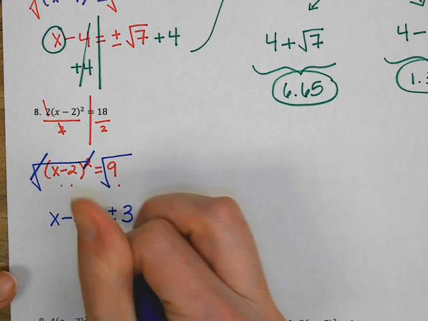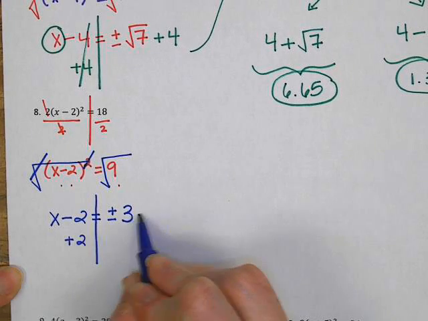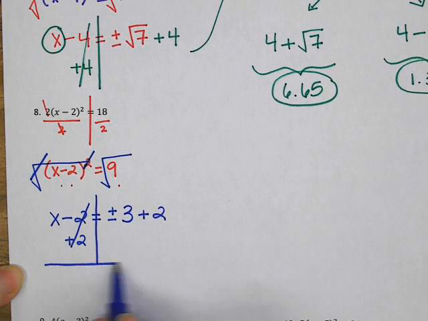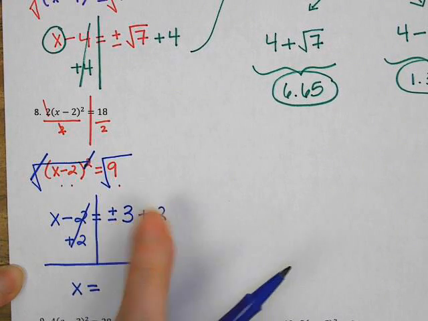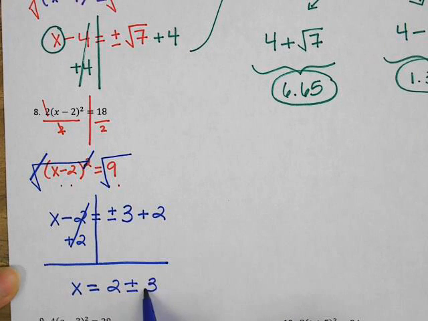All right, one more step to get x alone. We need to add that 2 over. Okay, so what do we have here now? We have x equals, I'm going to switch the order. So we have 2 plus or minus 3.